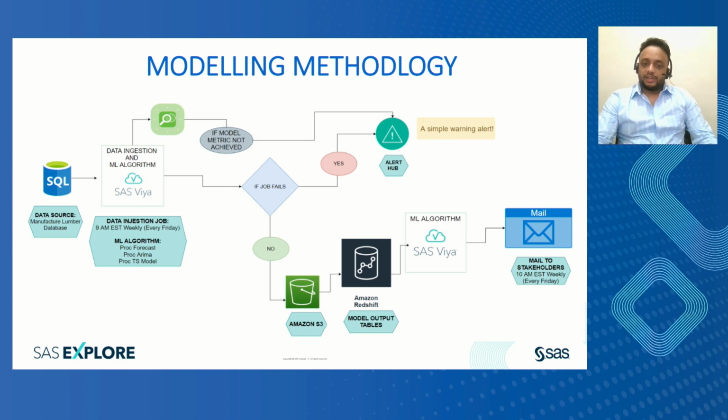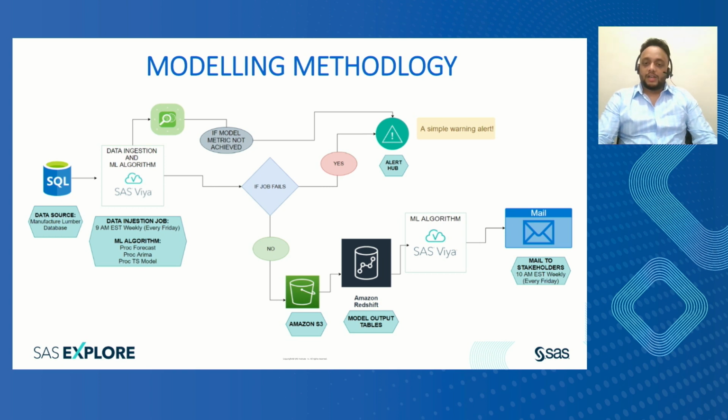Once the data is loaded as a CSV file in S3, it will be moved to Amazon Redshift, where we utilize the CSV file. These are basically the model outputs. And from there, we run an algorithm in SAS Viya which utilizes these tables in Amazon Redshift.